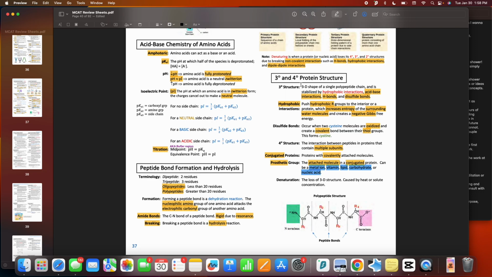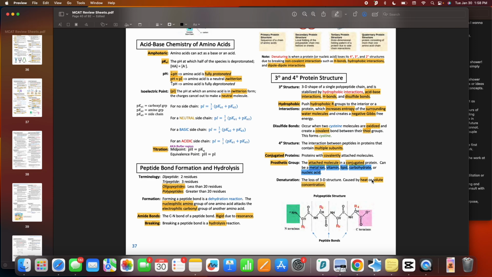Denaturation is the loss of the 3D structure, but still denaturing, we saw that it happens for the secondary structures too, with the hydrogen bonds that can be broken, and it is caused by heat. Let me actually go with yellow again. Heat or solute concentration.